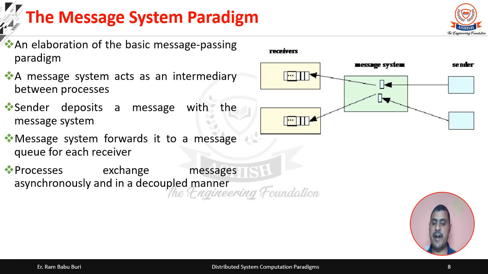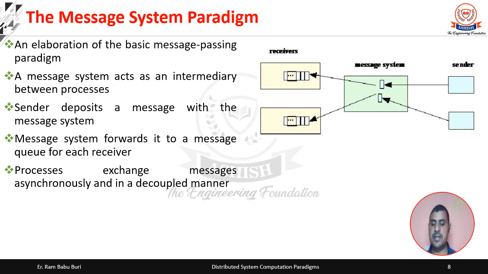The message system paradigm provides a number of advantages over the basic message passing paradigm. First, it allows processes to exchange messages asynchronously. This means that the sender process does not have to wait for the receiver process to receive the message before it can continue processing.